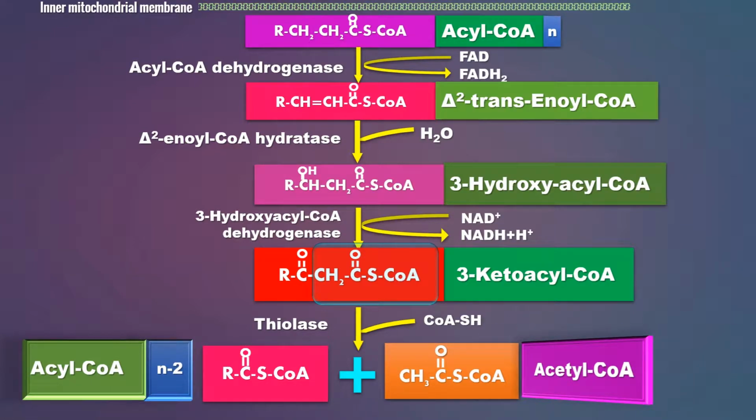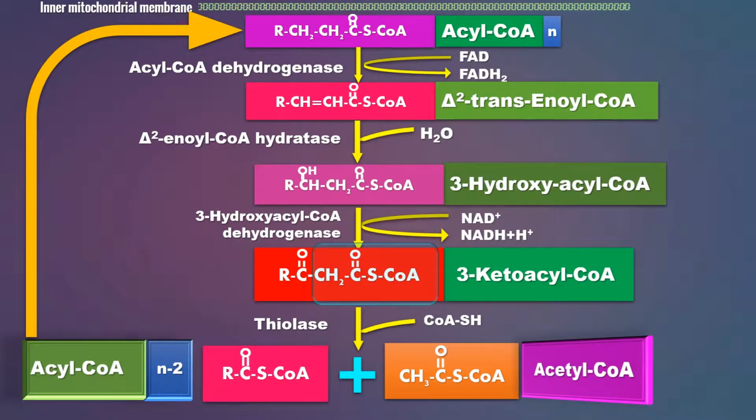So this pathway proceeds in a cyclical fashion, which results in degradation of these long chain fatty acids to acetyl-CoA. Suppose this fatty acid contains n number of carbon atoms, then this cycle repeats n divided by 2 minus 1 times.